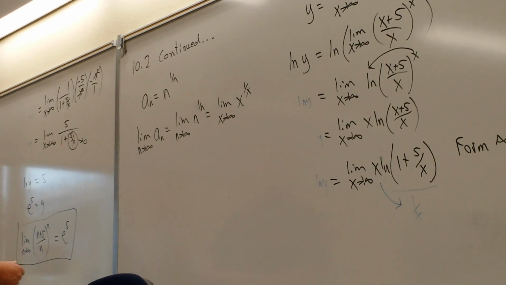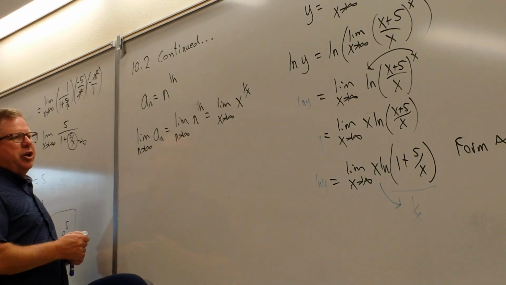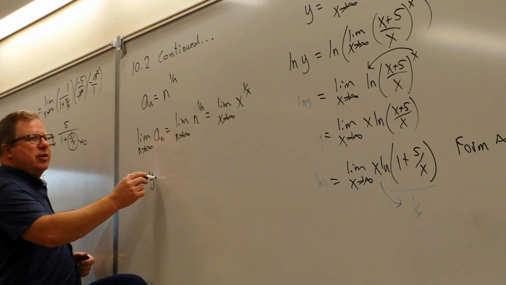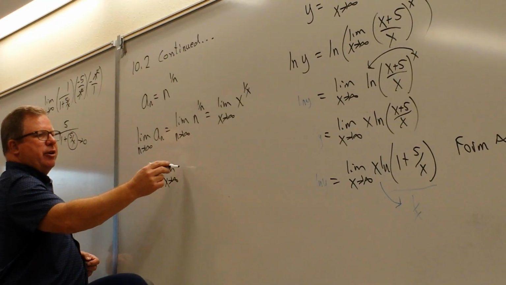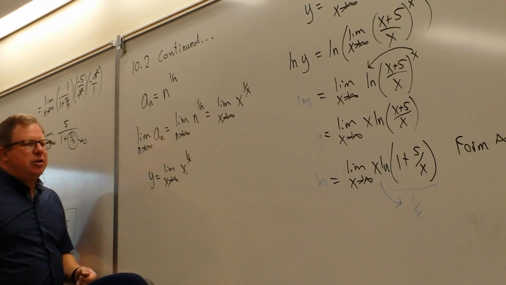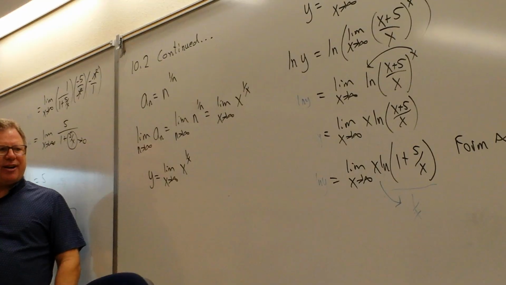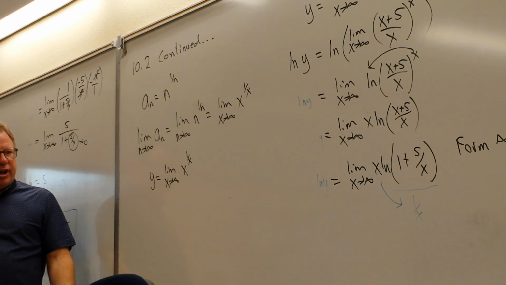Okay? So you're going to have to let y equal the limit as x goes to infinity of x to the 1 over x. Then you're going to do the natural log of each side, and we can streamline it.